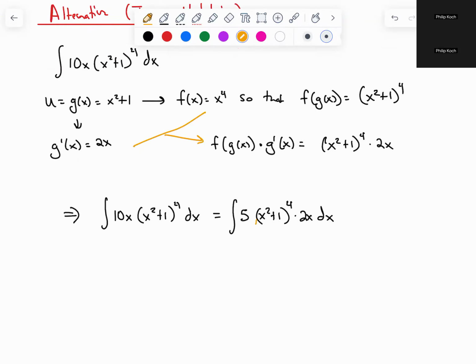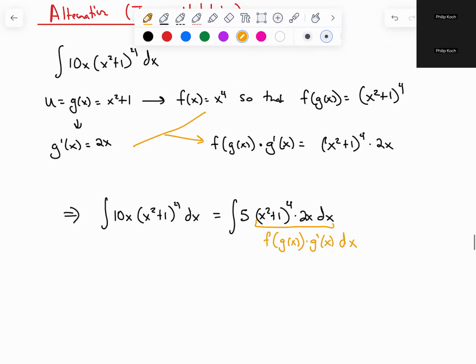Right here, this is f prime of, sorry, not f prime. This is f of g of x times g prime of x dx. And 5 is just a constant, so it can be ignored. It can just be brought out front.